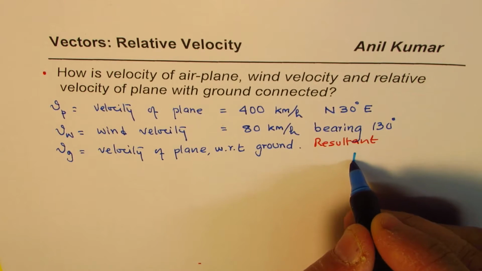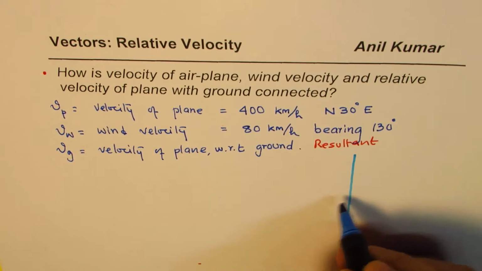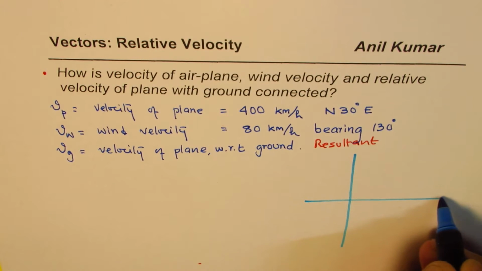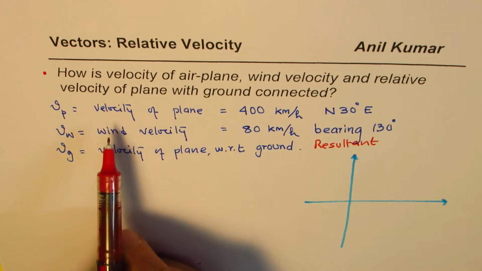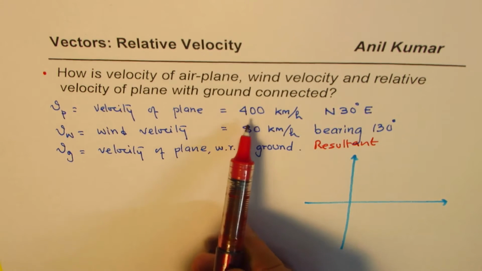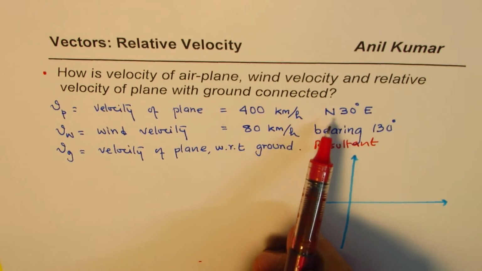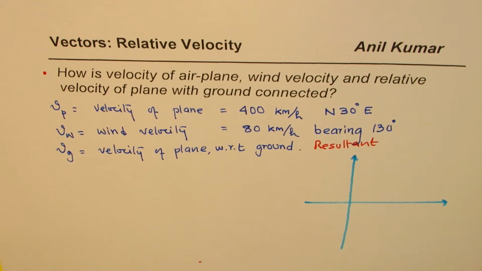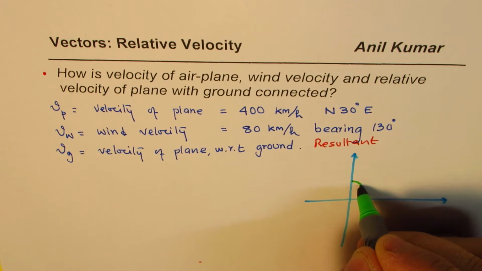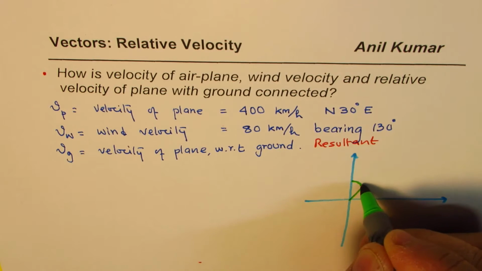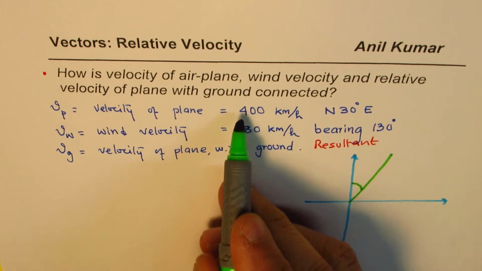So let's say this is our north-south, and then this is east-west, okay? So let's see how to sketch these things. First one here is velocity of plane, which is 400 kilometers per hour from north, 30 degrees east. So let's say that's the plane. 30 degrees will make an angle from here, 30 degrees, and then the magnitude is represented by 400.